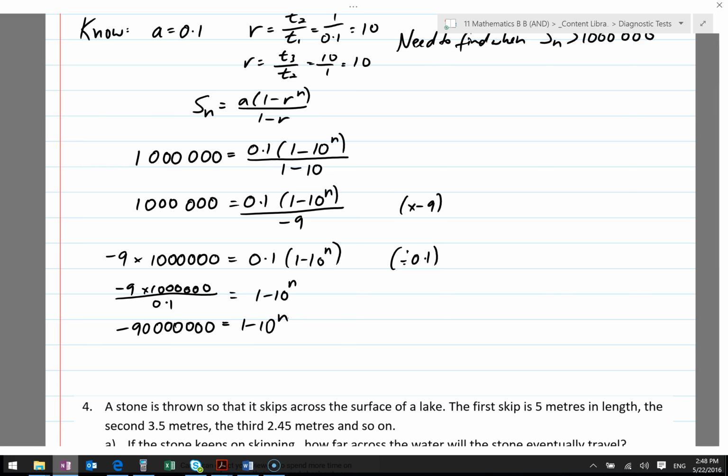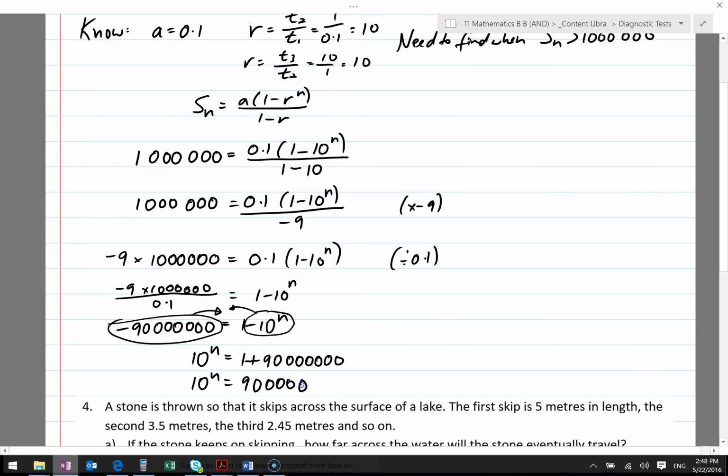A few different ways to do this. You could subtract 1 and then divide by -1. In this scenario, I'd probably bring the -9 million to the other side and bring this -10 to the other side. So I end up with 10 to the power n equals 1 plus 90 million, or 10 to the power n equals 90 million and 1.